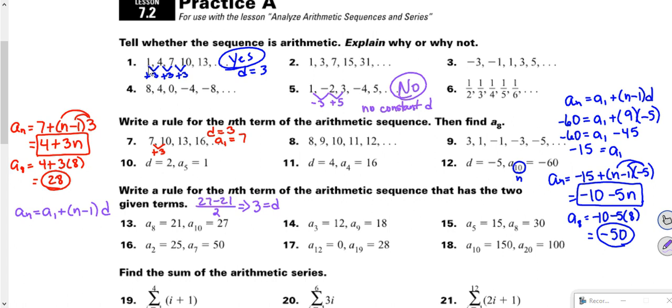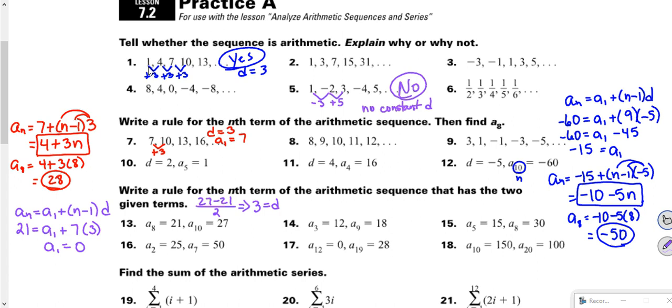I'm going to use the 8th term, so the 8th term is 21. If I'm talking about the 8th term, then 8 minus 1 is 7, and my D is 3. Well, that's kind of nice. This is just going to give me 21. So A1 equals 0. 7 times 3 is 21, so A1 has to equal 0.